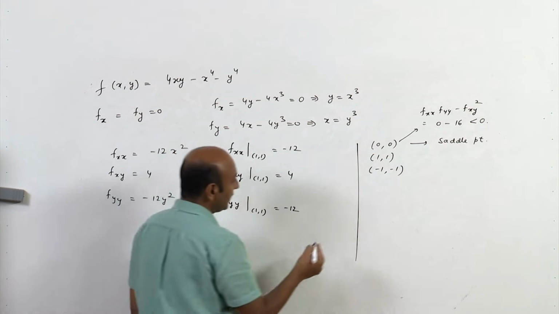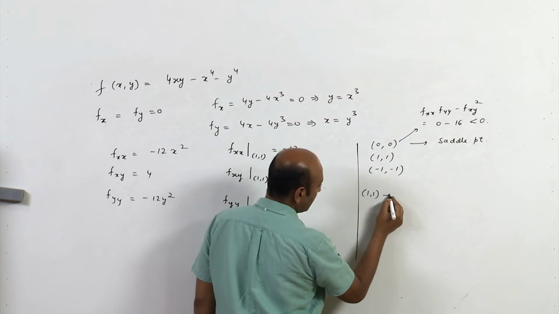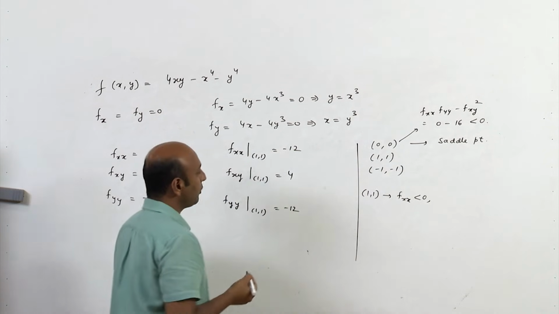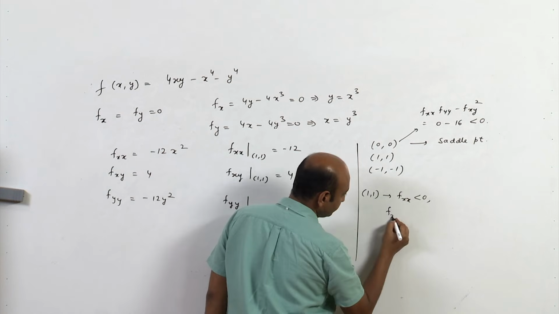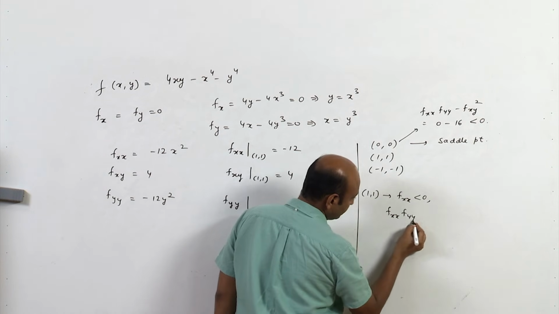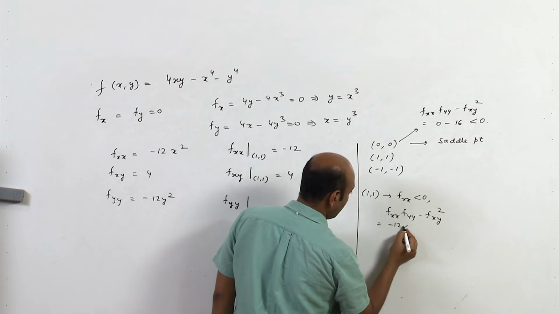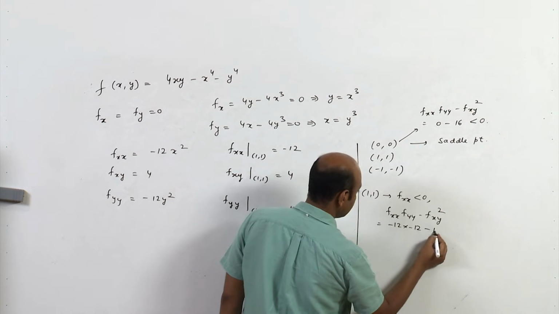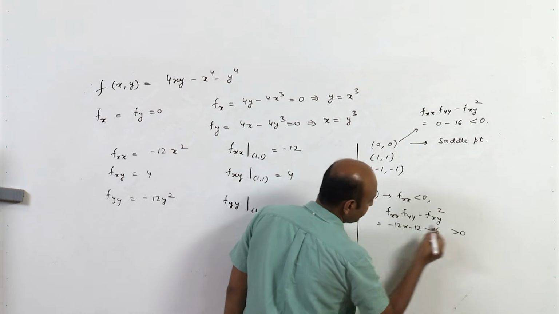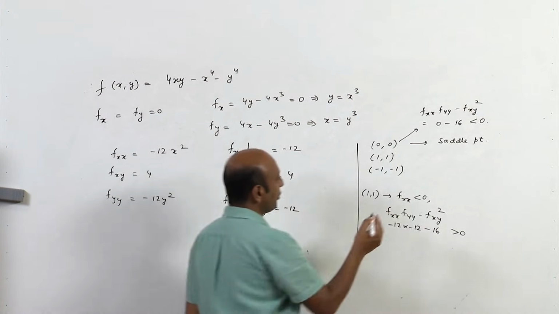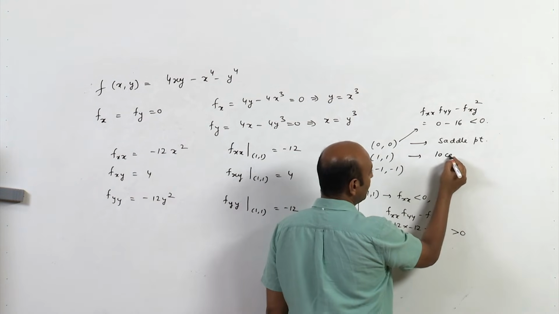So at (1, 1), fxx is negative, and what about fxx into fyy minus fxy squared? This value is -12 into -12 minus 16. Of course, it is positive. This is negative, this is positive, that means this point is a point of local maxima.